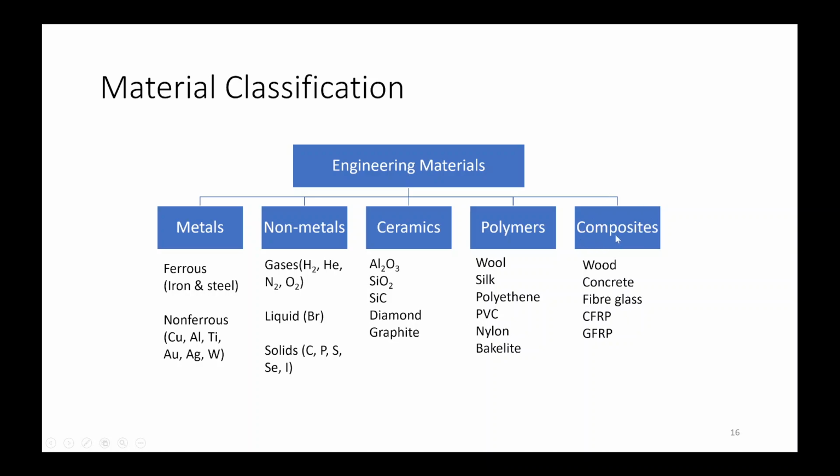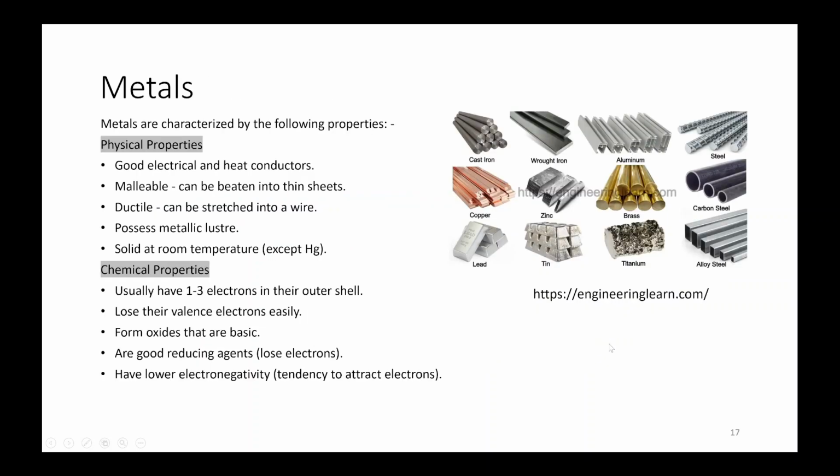Composites are the combination of these three main classes. So it can be wood, concrete, these are again found naturally. Fiberglass, glass fiber reinforced plastics, and CFRP, carbon fiber reinforced plastics, are man-made.